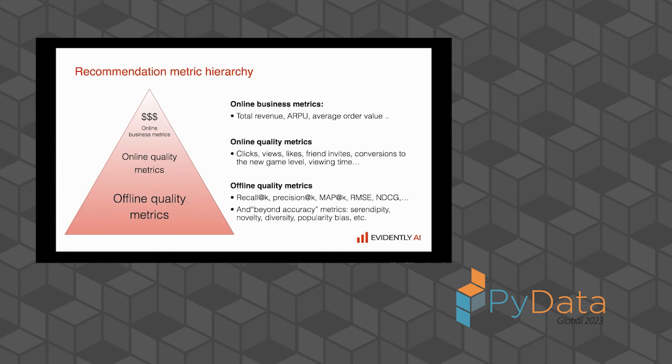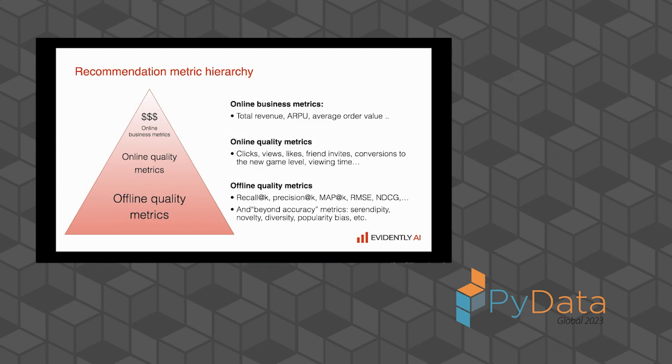So first of all, we start from the online business metrics. Generally, it's something connected to money, like revenue, average revenue per user, etc. Then you can go down to online quality metrics, and the trick here is that we need to find proxy metrics which are closely connected to our revenue metrics, but can be easily calculated online, like clicks, views, friend invites, maybe conversion from one game level to the other for online games.